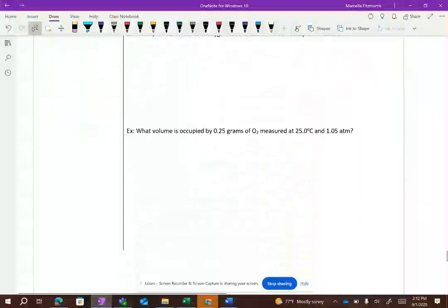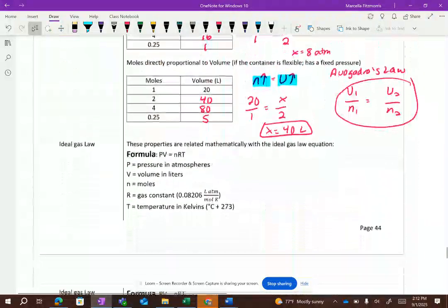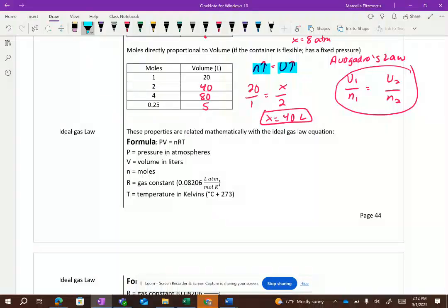Now, this R is a constant. This is going to be given to you every single time. And this constant tells me the units I have to use in this equation. I notice liters, so my volume has to be in liters. Atmospheres, my pressure has to be in atmospheres. Moles, of course, moles is moles.